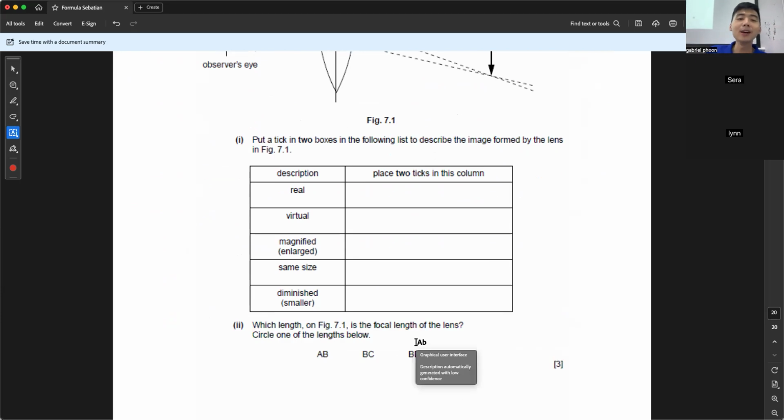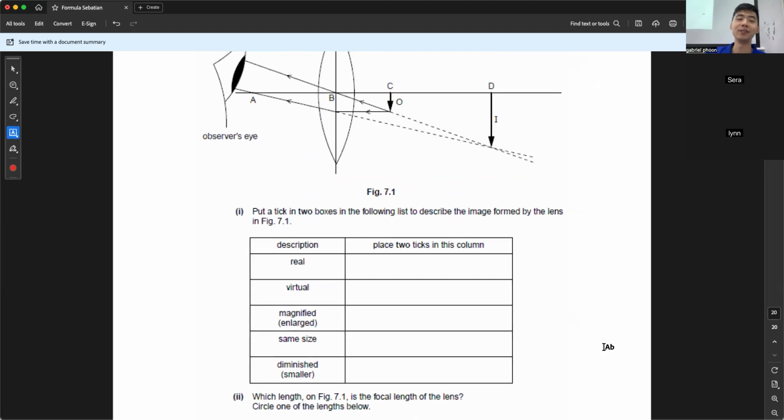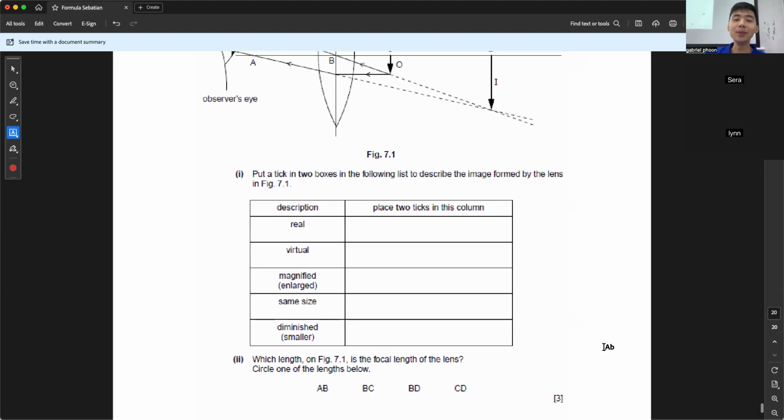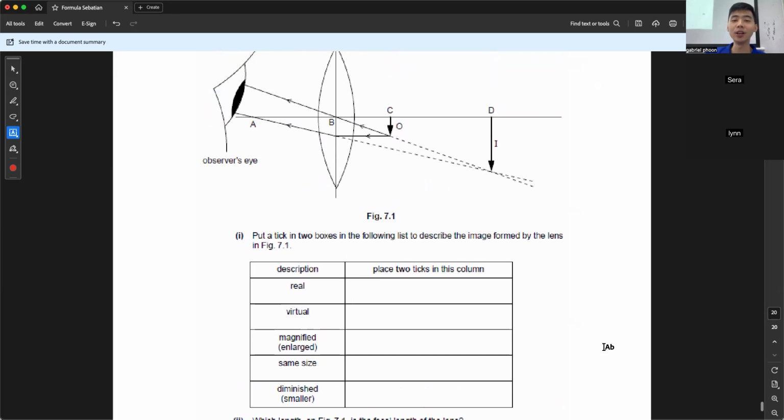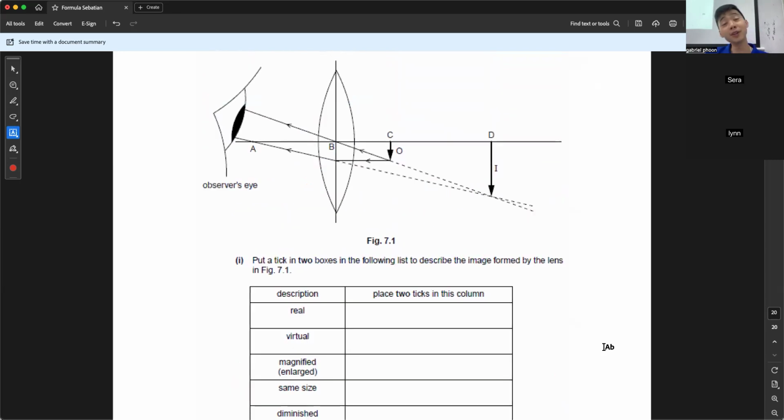And the last part here, which I see one person hasn't answered yet. Which one do you think the answer is, Jaren? Between A, B, C, and D, for focal length. First and foremost, I want to ask you the definition for focal length that we've been talking about for the past 1 hour and 10 minutes. What's the definition of a focal length?